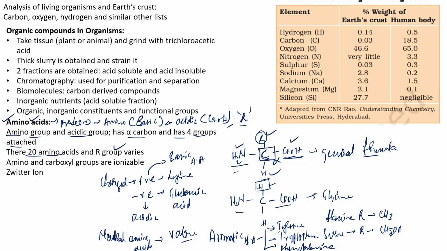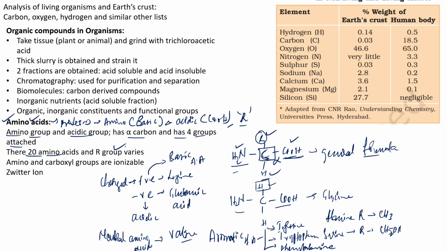It is a very simple amino acid, alanine with a phenyl group. The name itself indicates it: just attach a phenyl group to the R group, then you get phenylalanine. So these are some basic examples of amino acid types based on their chemical properties.